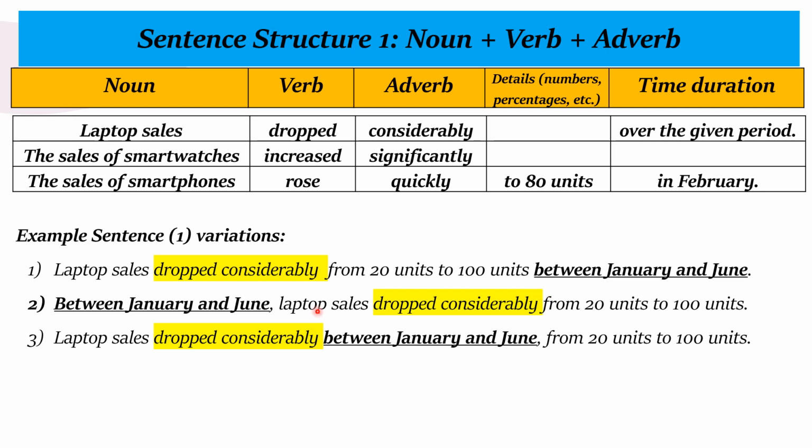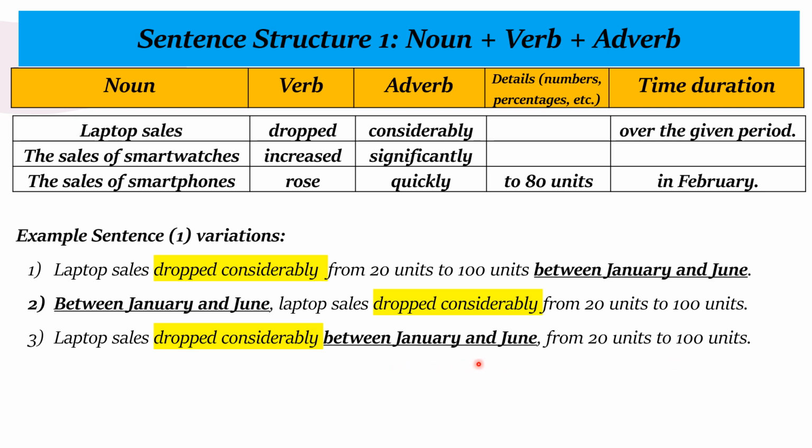In the second sentence, between January and June, laptop sales dropped considerably from 20 units to 100 units. The time phrase is placed at the beginning, so a comma is required after it. In the third sentence, laptop sales dropped considerably between January and June, from 20 units to 100 units.